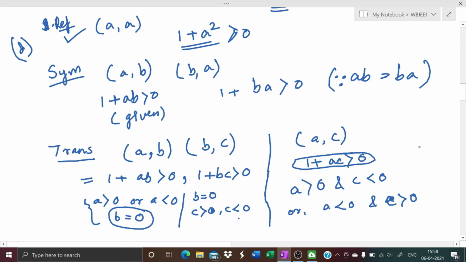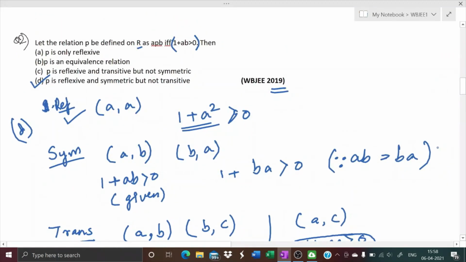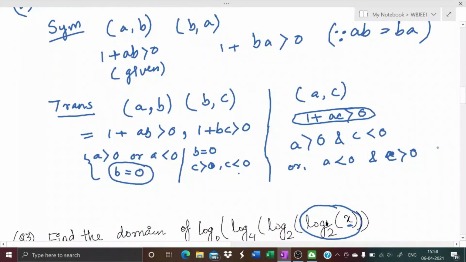1 minus some quantity will be negative, because you can see that A, B, C, all these are real numbers. So there can be some condition, like if I take minus 2, 0 and 0, 1, then this won't satisfy the relation.